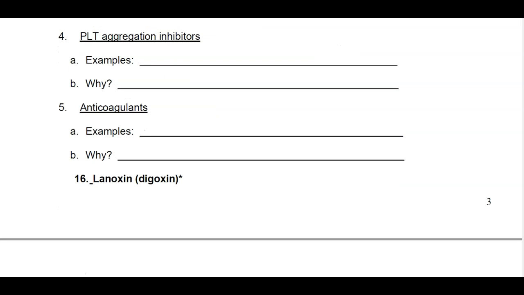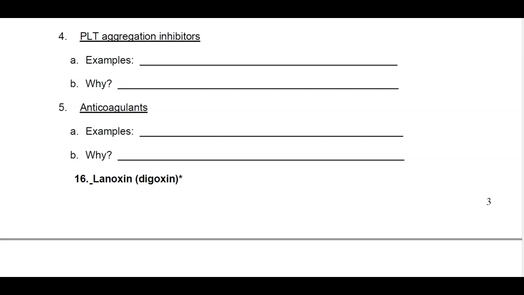In addition, we also use platelet aggregation inhibitors. Examples of this are your aspirin and clopidogrel. So why do we need platelet aggregation inhibitors? In CHF, because of the decreased ability of the heart to pump, the blood is more stagnant. So there's not a lot of blood flow.